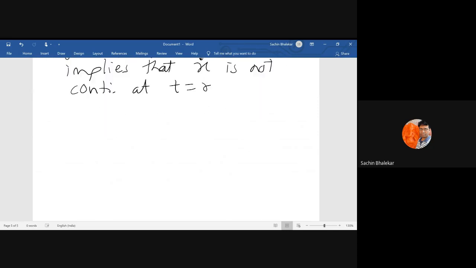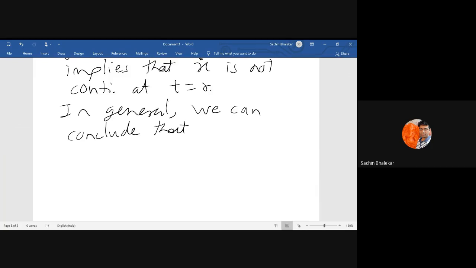In general, we can conclude that x is not C1 at t equal to 0, plus minus r, plus minus 2r and so on.